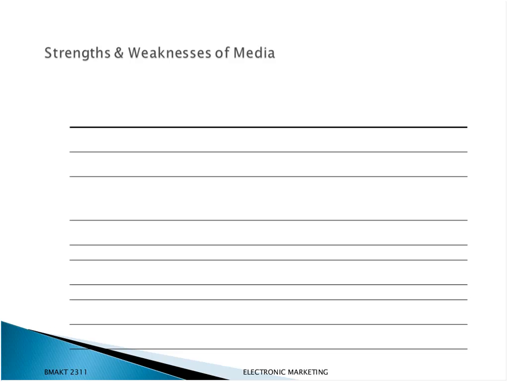The criteria are involvement, media richness, geographic coverage, CPM, reach, targeting, track effectiveness, and message flexibility. These are the media that we are working on: TV, radio, magazine, newspaper, direct, internet.